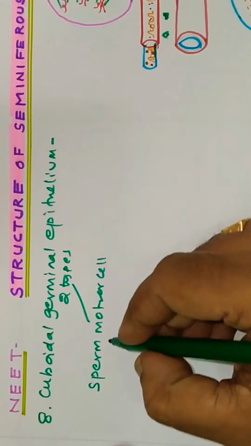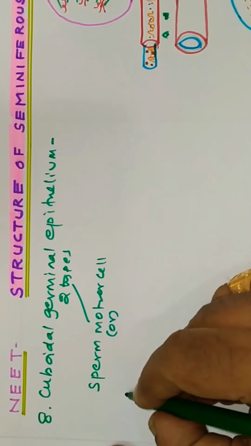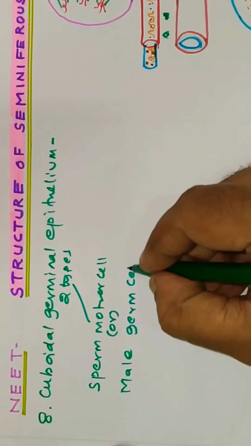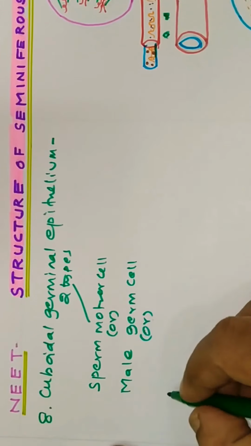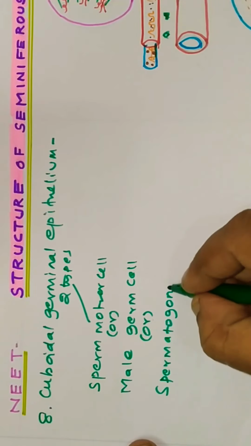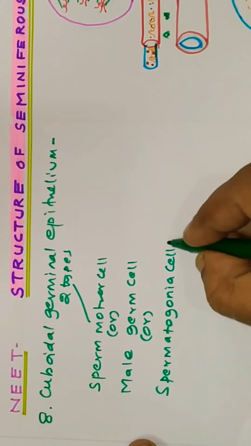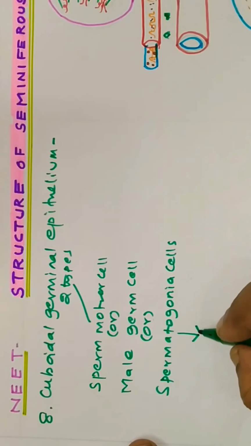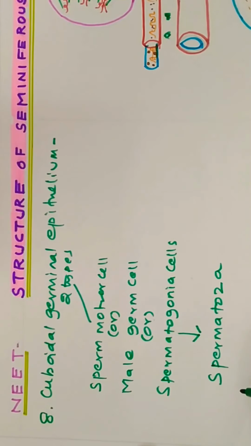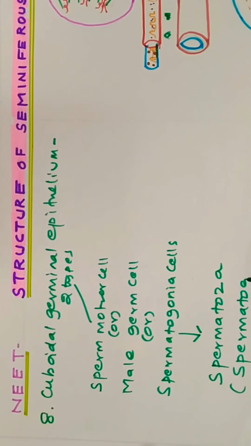Sperm mother cells, otherwise called male germ cells, generally called spermatogonia cells. This spermatogonia cell only gives rise to spermatozoa by the process of spermatogenesis.